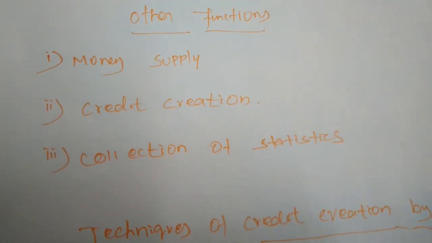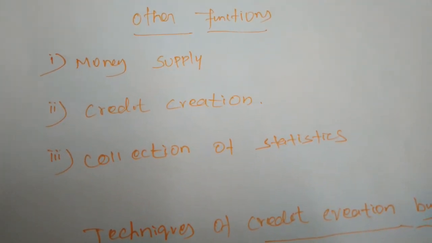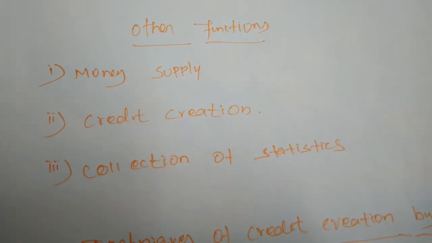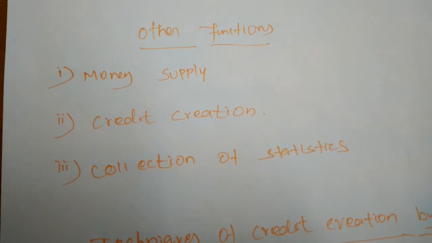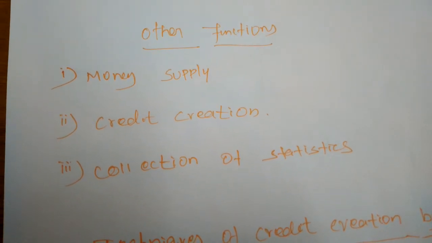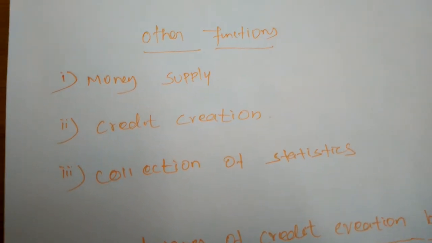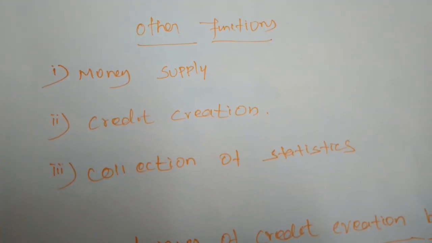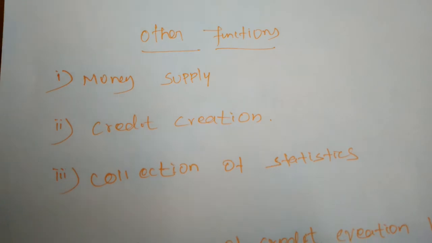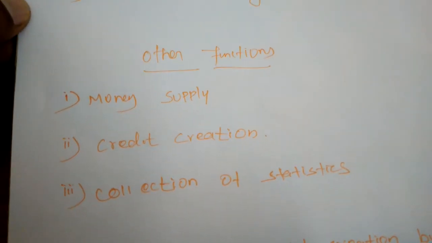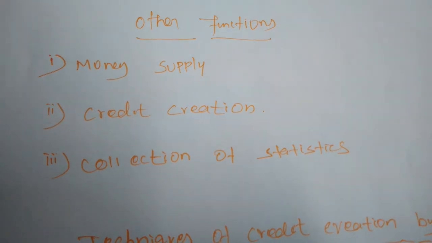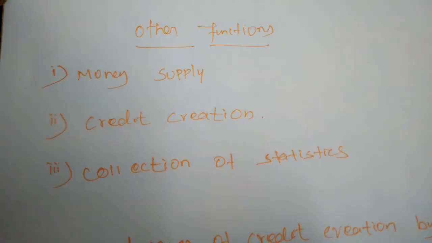The commercial bank will not provide it into the hands of the public in the form of cash. The bank will open a deposit in the name of the individual, so the 5 lakhs will be put in the account only. Now the money supply is increased in society, and credit creation is also done by the commercial banks.